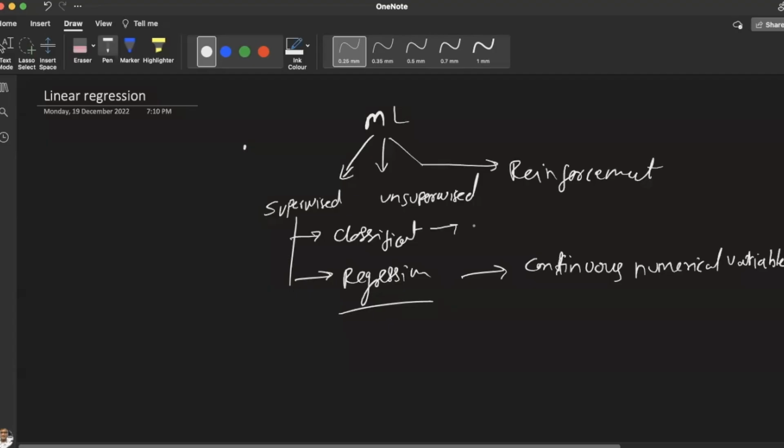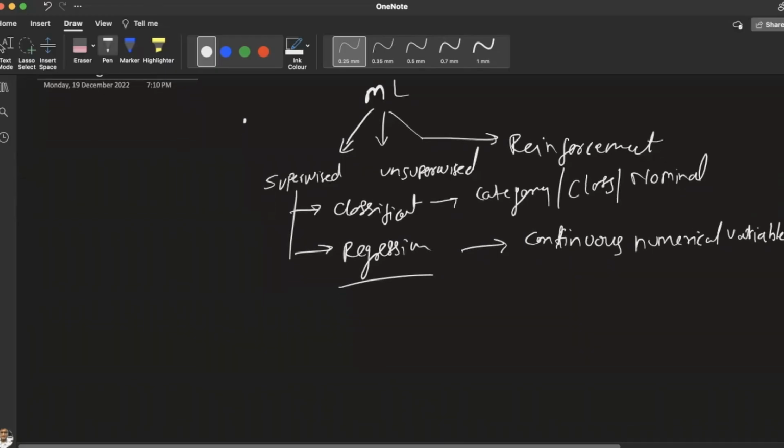If you are predicting the category, and our classes are nominal values, okay, nominal means categories itself, classes or categories, all right, then that is a classification. Otherwise, it's a regression, if you're predicting a continuous numerical value.